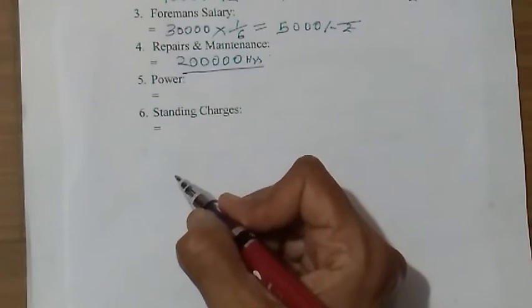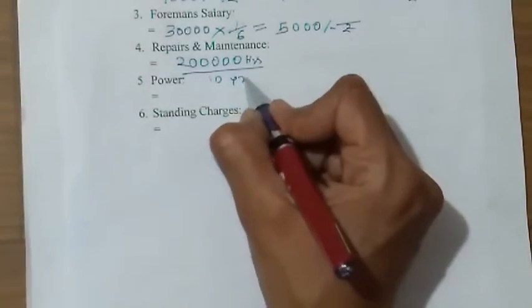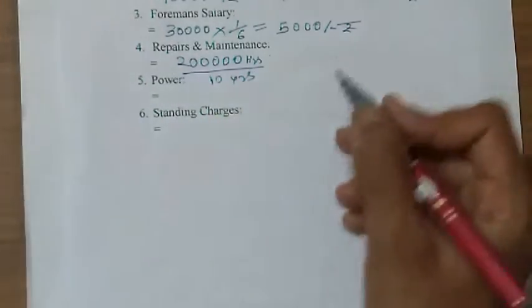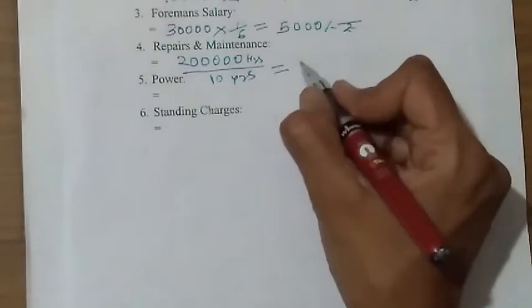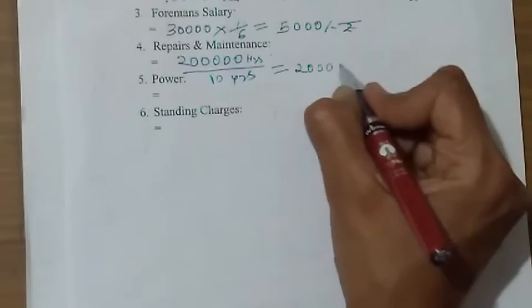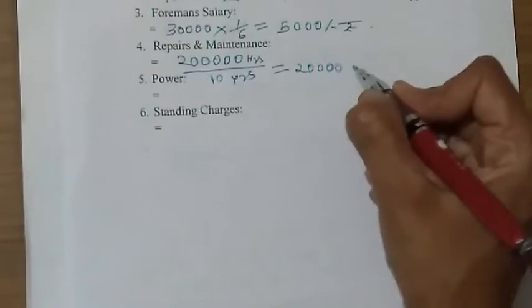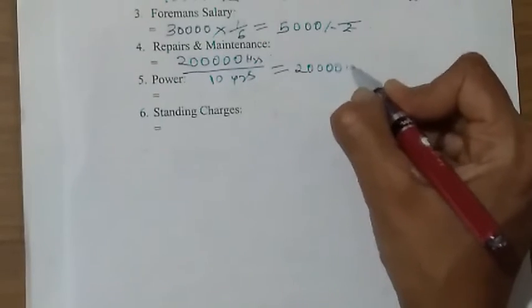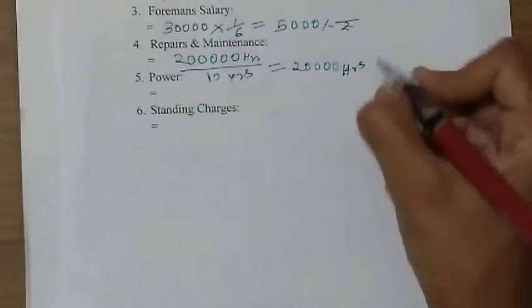The estimated life of the machine is 10 years, so the machine works 20,000 hours per annum.